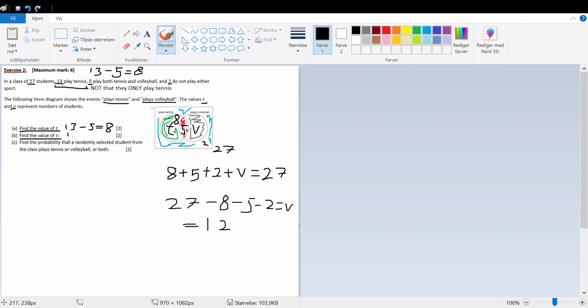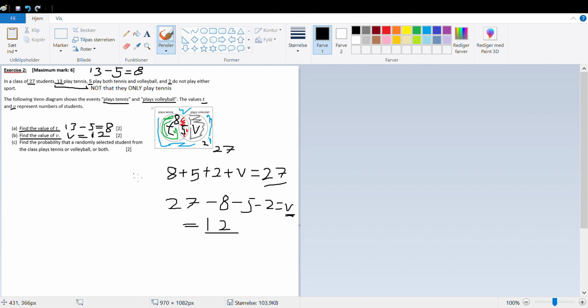So V equals 12, via this argument that it all must add up to 27. So the 8 and the 5 and the 2 and the V must add up to 27. And then you simply go, oh, well, let's just isolate for V. Let's get V on its own and find out that it's 12.